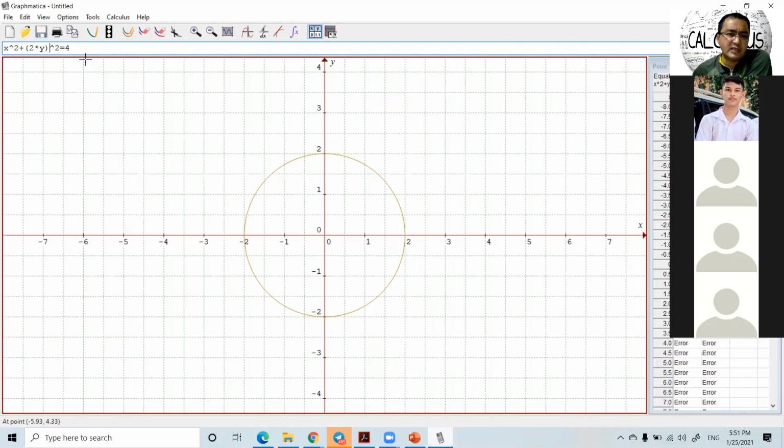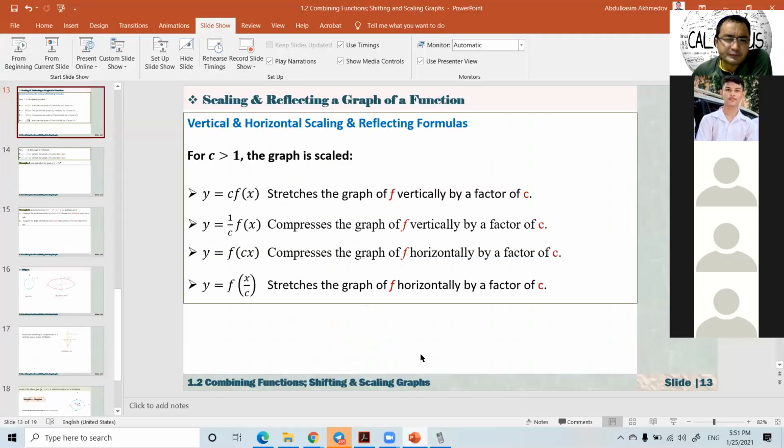See here, c is greater than 1, and we are multiplying the whole thing by 2. Stretch the graph of f vertically by a factor of c.